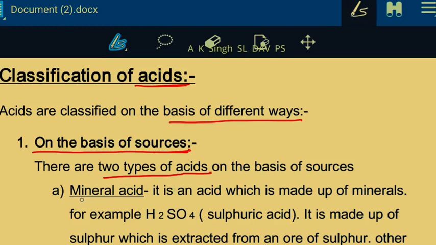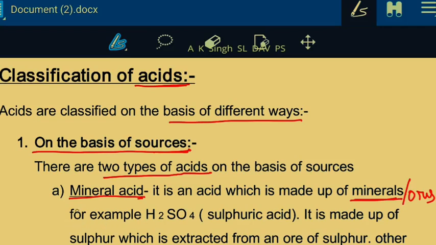First is mineral acid. You have read mineral acid perhaps. What is a mineral acid? It is an acid which is made up of minerals. Minerals means you can write here ores. Only those minerals are called ores from which an element can be separated easily or profitably.